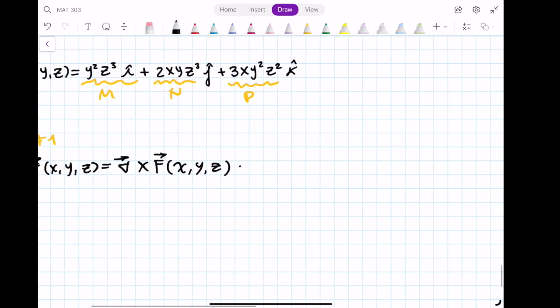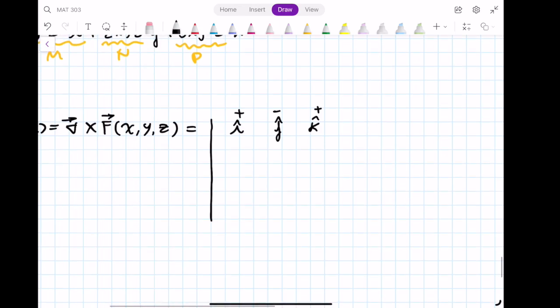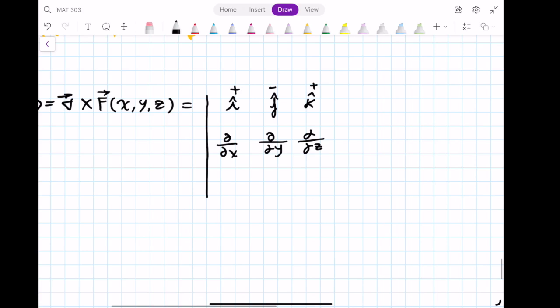So this is equal to the i hat, j hat, and k hat. Remember that is plus, minus, plus. So the first partial with respect to x, partial with respect to y, partial with respect to z, right?